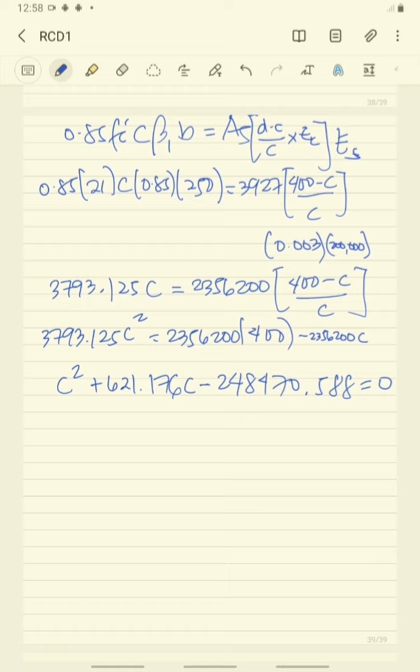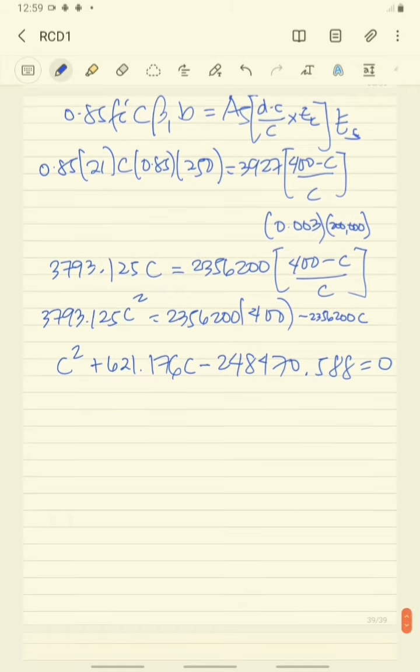You can go to mode, then mode 5, then 3, then for c squared you have the value of 1, then positive 621.176, then 248470.588, and that is equal to 0. So you can get directly the value of your c.